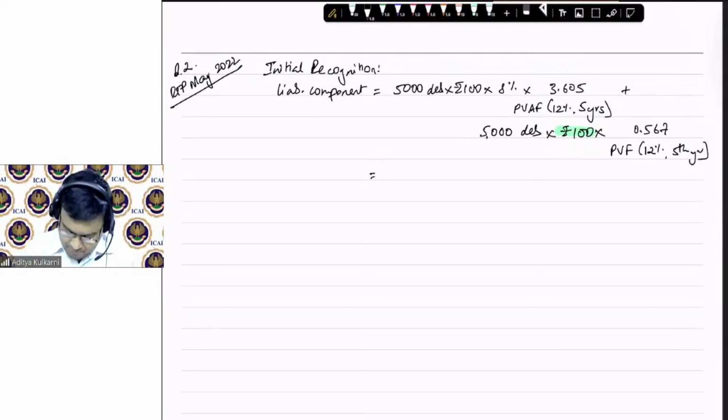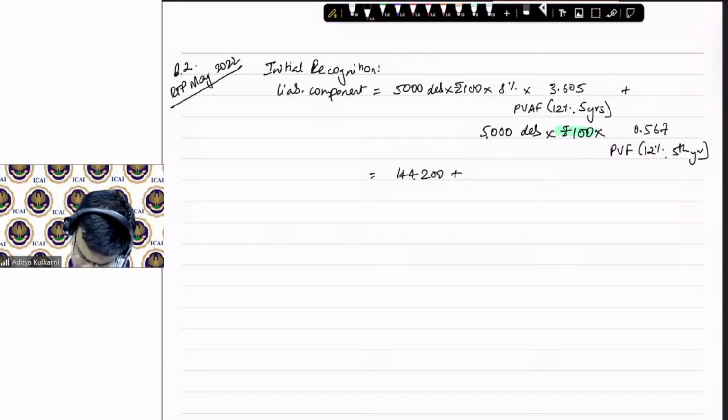All right. So this gives us how much? 5,100 into 0.08 into 3.605 is 144,200, plus 5 lakhs into 0.567.